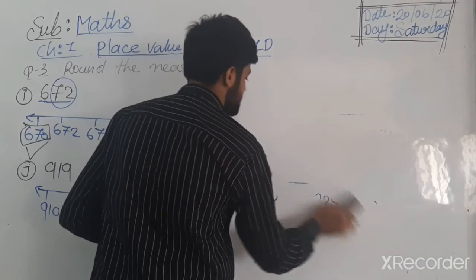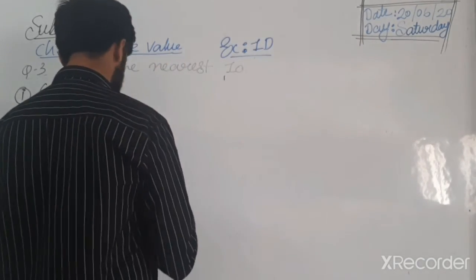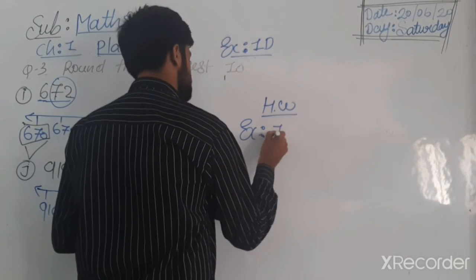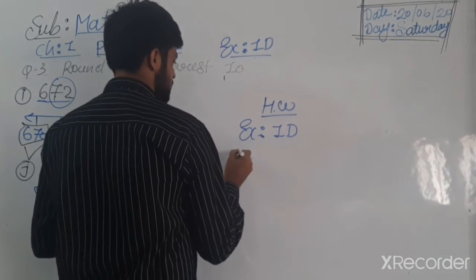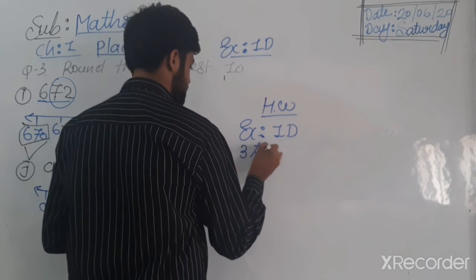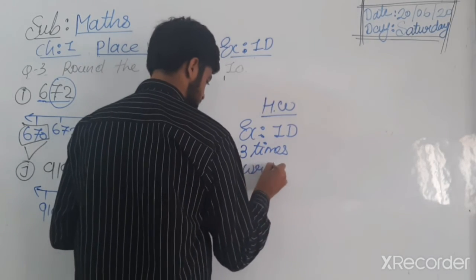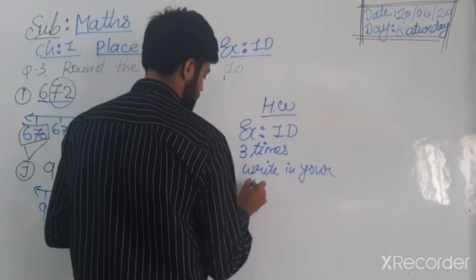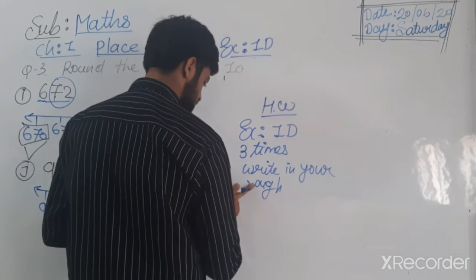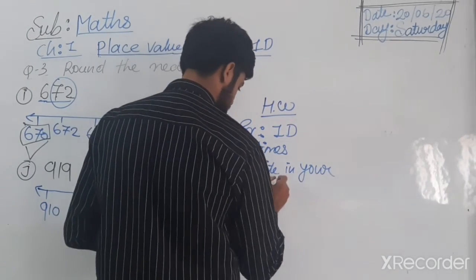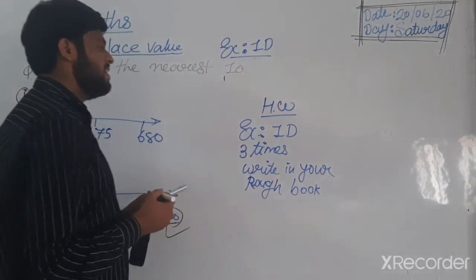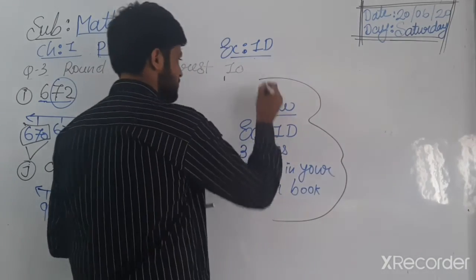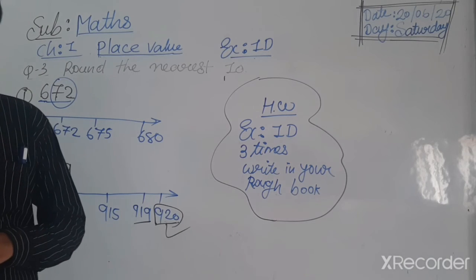Today's homework is exercise number first B. Write it 3 times in your rough book. Today's homework is exercise number first B, written 3 times in your rough book. I hope you understood well. Thank you so much, all of you.